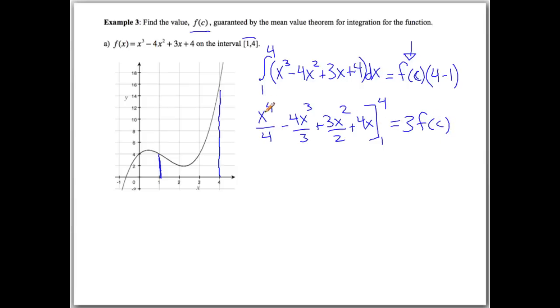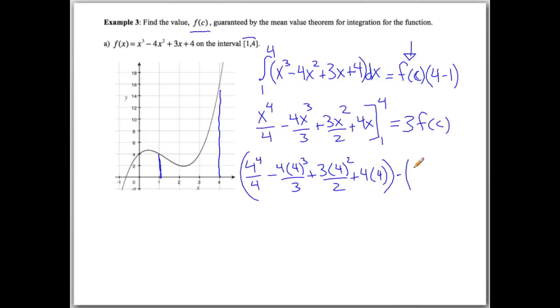Okay, so now what we want to do is go ahead and plug in our 4 to all of these, and then our 1 into all of it, and we're going to subtract it there. So let's go ahead and do that. Okay, so all of that, and we're going to subtract, now putting in 1.